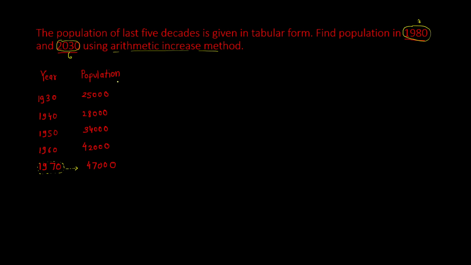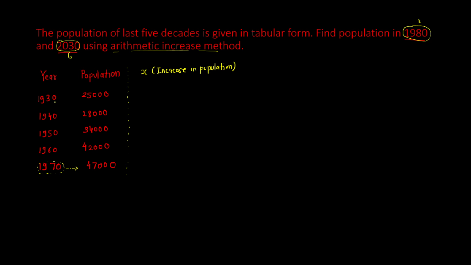Now the next thing that we have to do is draw the same table. In this same table you find out the value of x. So this x stands for increase in population. What do you mean by that?